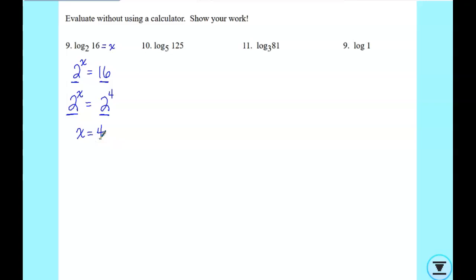The other way that you can think about this is still by doing the bases matching, but without rewriting it. So if you have log base 2 of 16, we can still get this part here to be the same base as this here. So we can rewrite this as a power of 2 still.